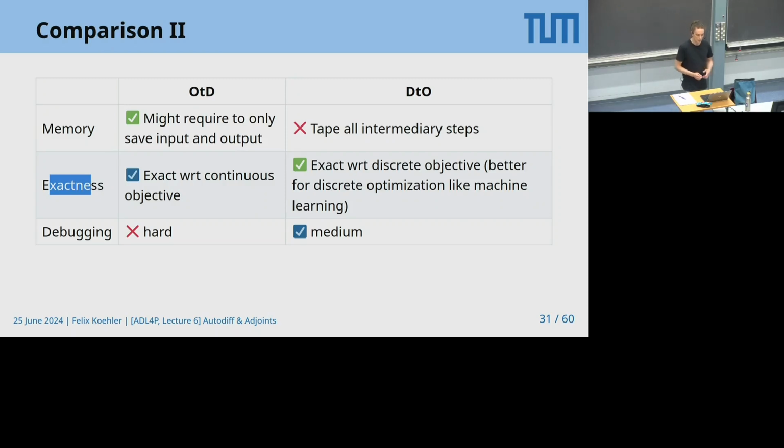In the example before, I used the first order upwind method for the primal advection, but you could use, I don't know, a fifth order method for the advection equation, or the other way around. So sometimes there might be some differences between the gradients. I gave that a blue tick because usually that's not a big deal, but oftentimes the DTO has the advantage that with respect to a discrete objective, the gradients tend to be more exact.